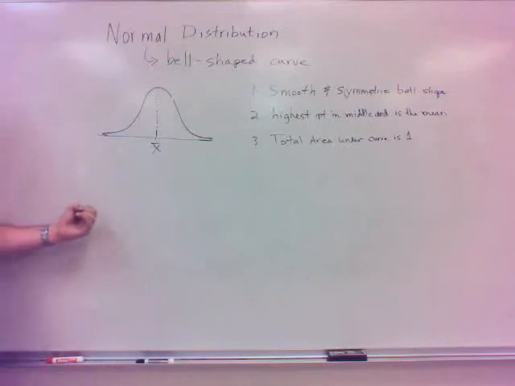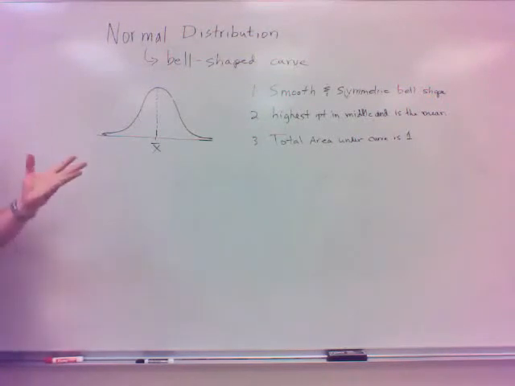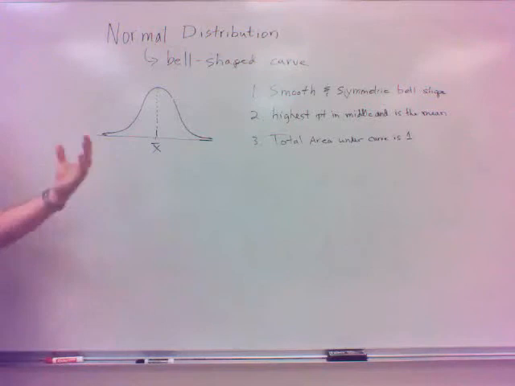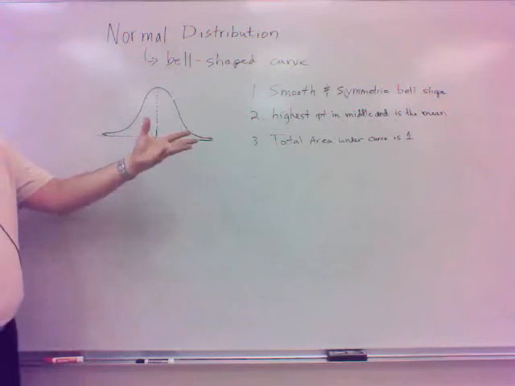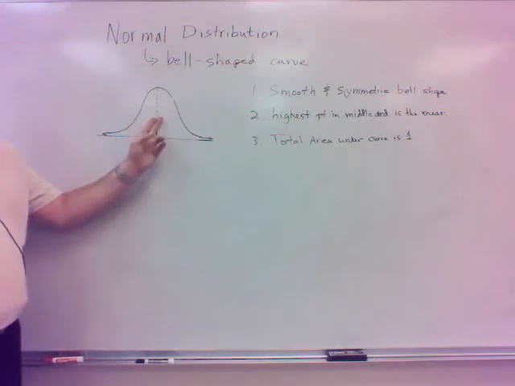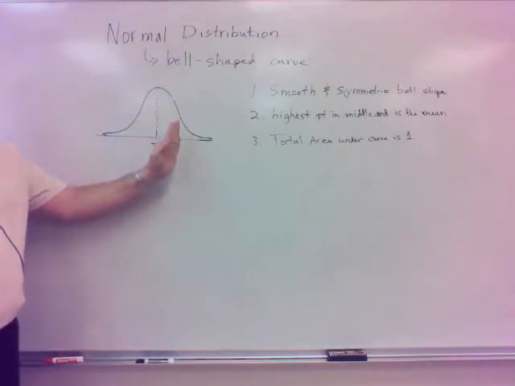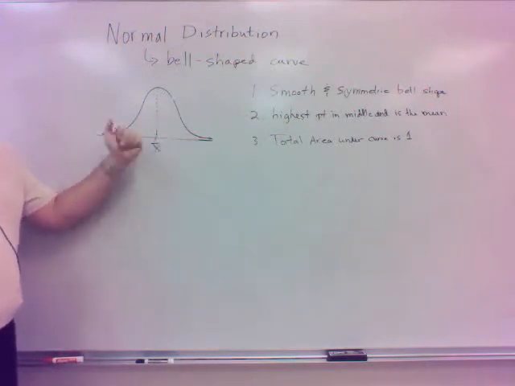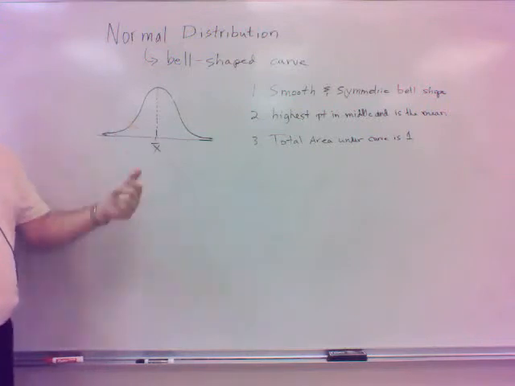What we might do is break that up down the middle there. So what percentage would we have over here to the right of the mean? 50% on the right of the mean, 50% are less.